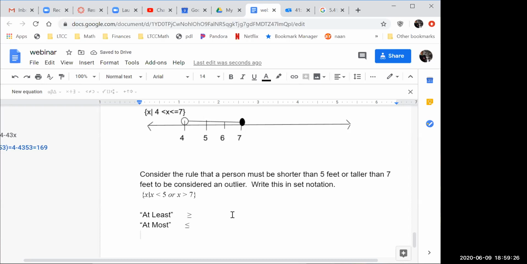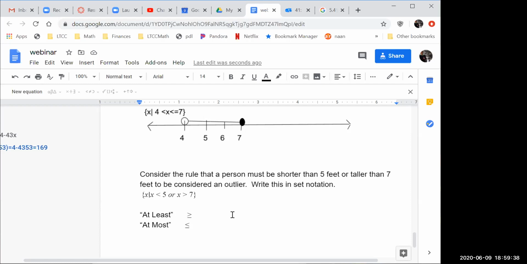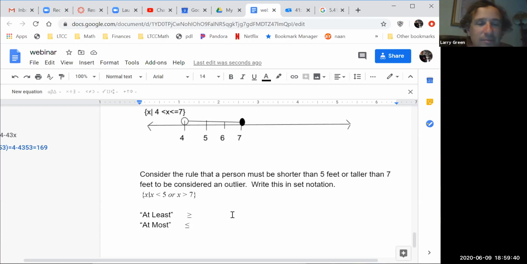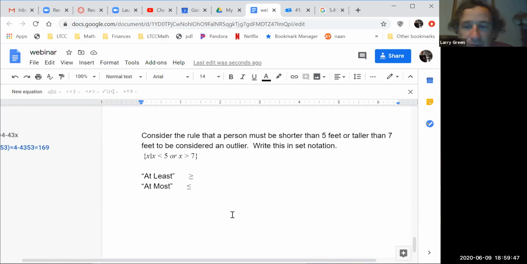You can see these kind of words. Those are the ones that stumble people. People think at least is small, but it's not. At least is big, and at most is small. It feels backwards, but that's just English. Any questions at all on these words?